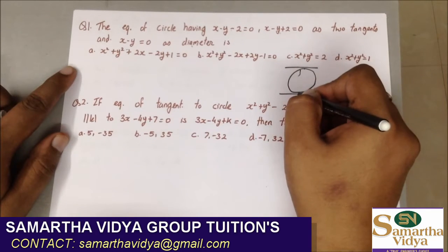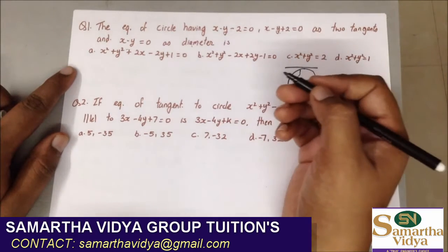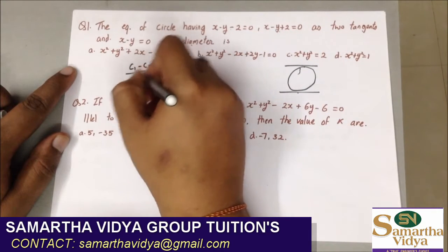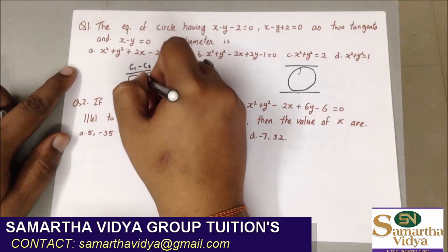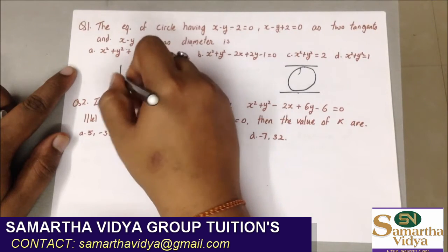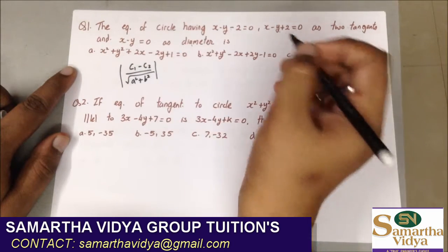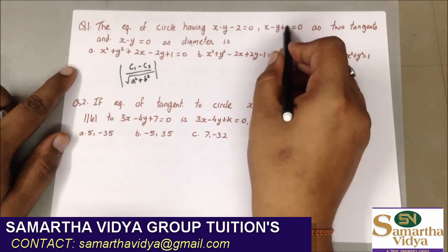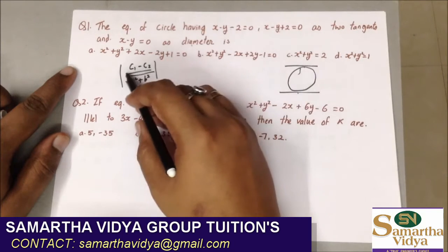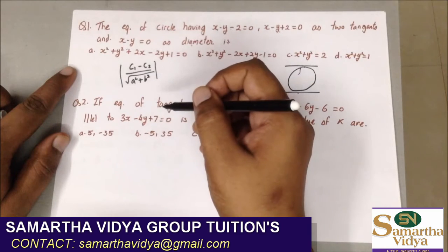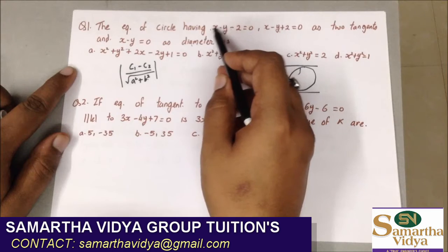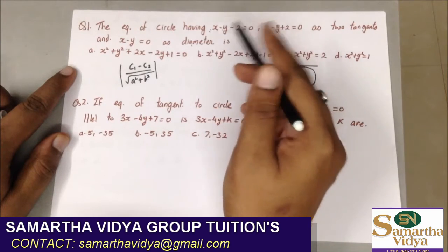So if I just find the distance between them using the formula, which is nothing but c1 minus c2 upon root of a square plus b square, and taking the mod of it. So c1 minus c2 is nothing but c1 is minus 2 and c2 is plus 2. So if I do minus 2 minus 2, that becomes minus 4, and a and b are nothing but the coefficients, which is 1 and minus 1.